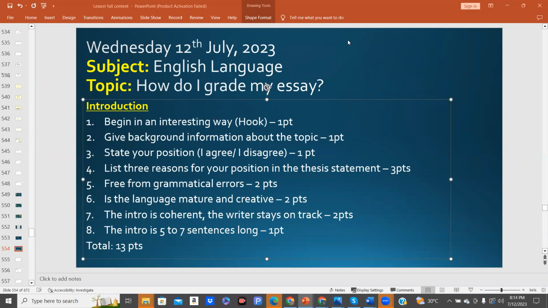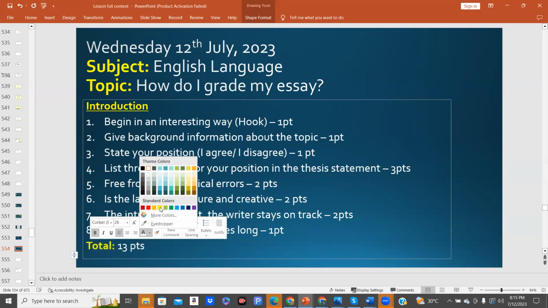Do they list 3 reasons for their position in their thesis statement? Is it free from grammatical errors? Is the language mature and creative? Is the intro coherent? Does the writer stay on track? And is the intro 5 to 7 sentences long? Those are the things I'm going to be looking for in order for you to get your total 13 marks. Does that make sense?